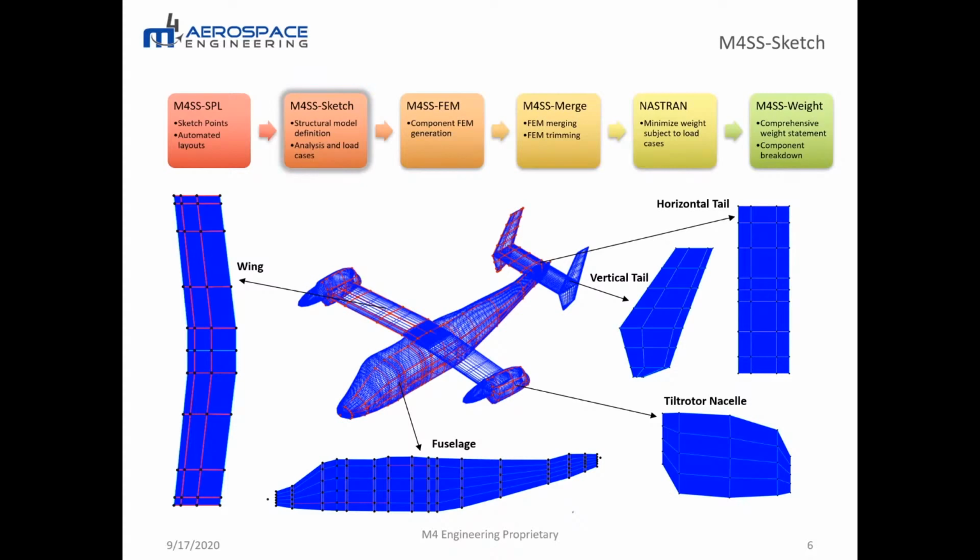This is also where you're going to detail the analysis cases, or the jobs, that will be run for your optimization routine. And you will also define any attachments and things like that that allow you to build up your sketch for each component you're interested in modeling structure for and connect it together into a final, complete vehicle FEM.